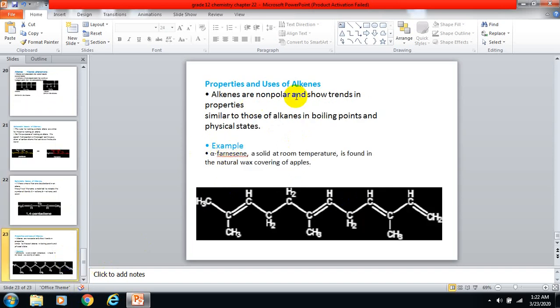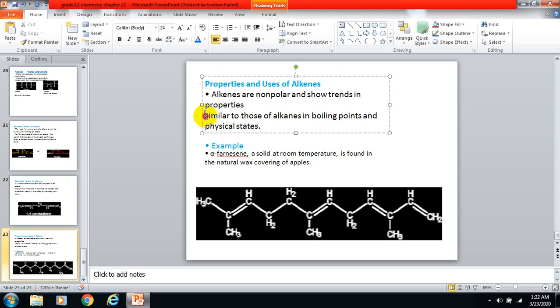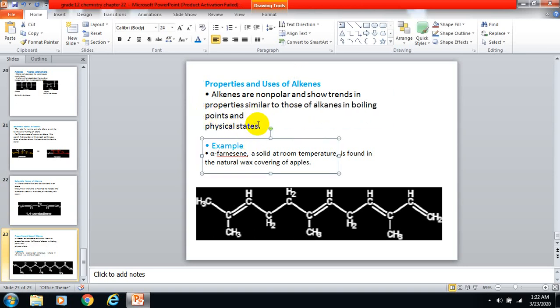Now properties and uses of alkenes. Alkenes are non-polar and show trends in properties. Trends, like changing or different properties in different scenarios. They are similar to those of alkanes in boiling points and physical states.